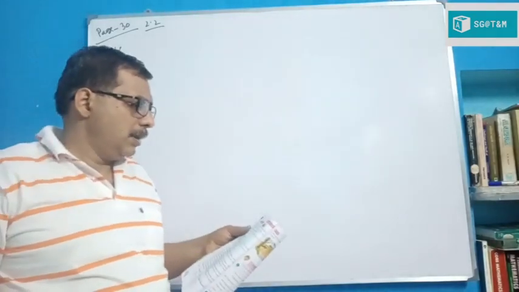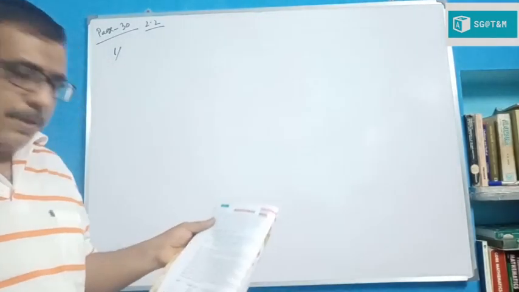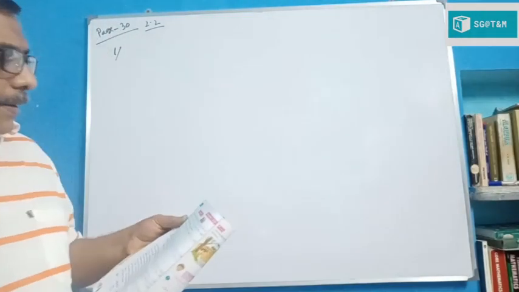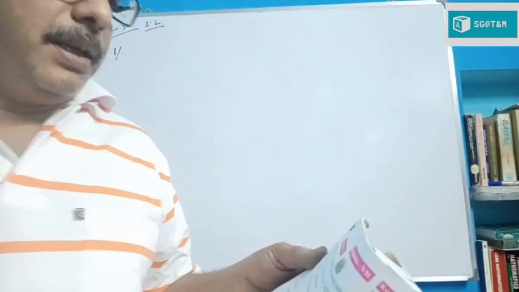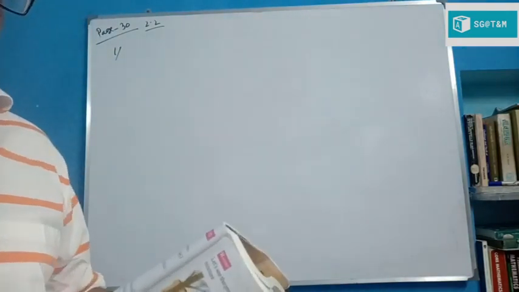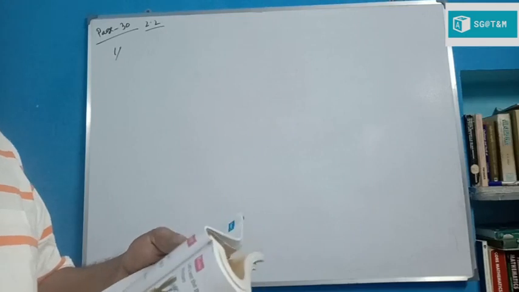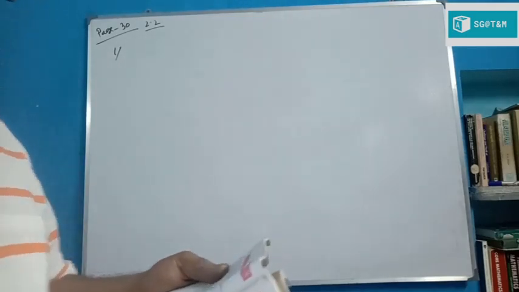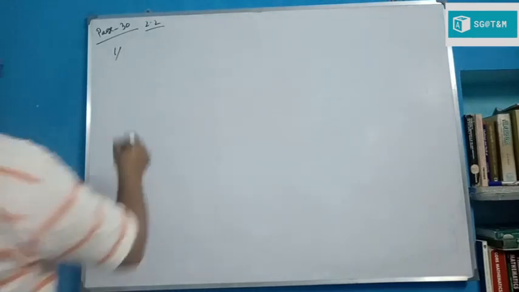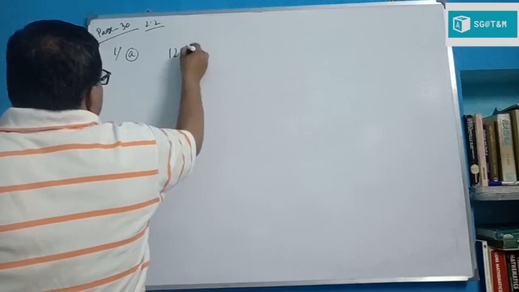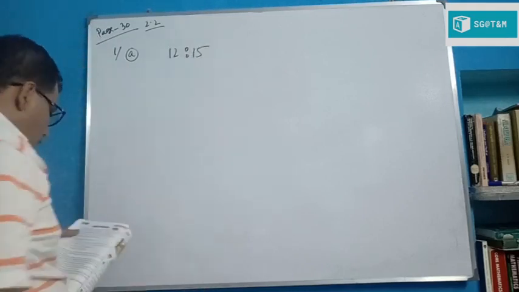Next, let us work out exercise 2.2, page number 30 of your board book. Question number 1. Reduce the following ratios into their lowest form and find their inverse ratio. 1a. 12 is to 15.